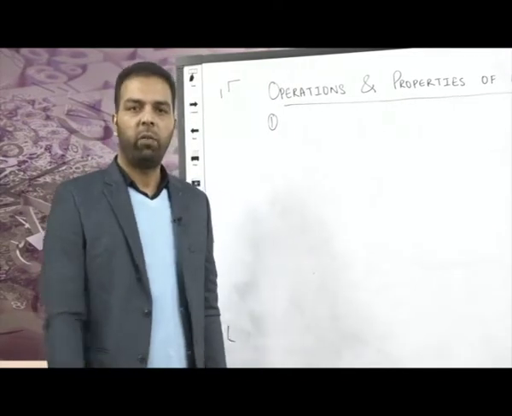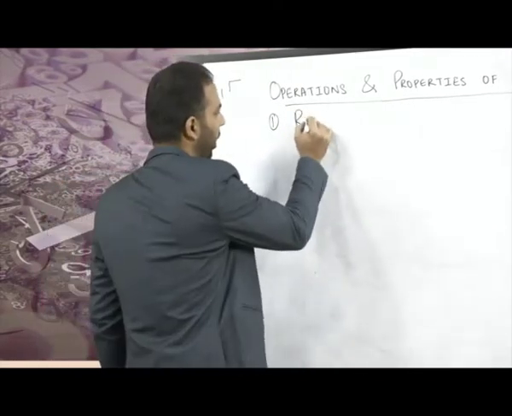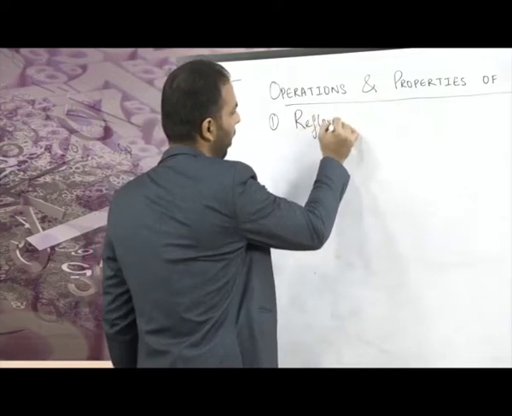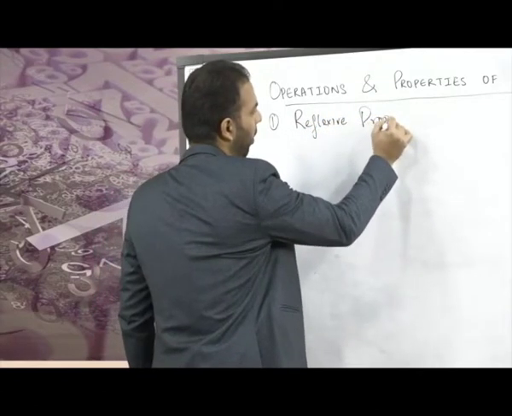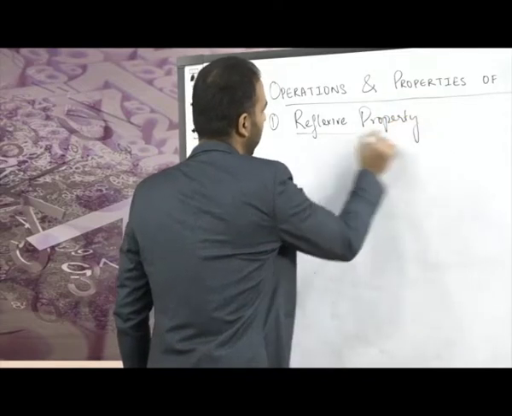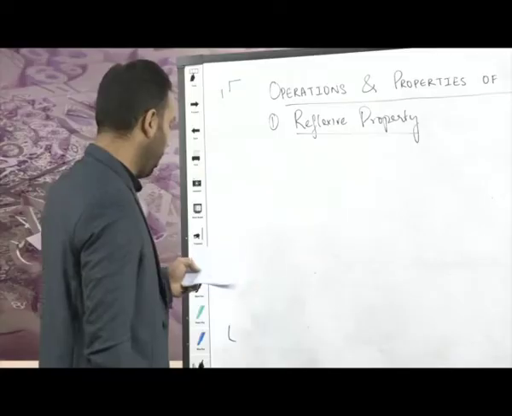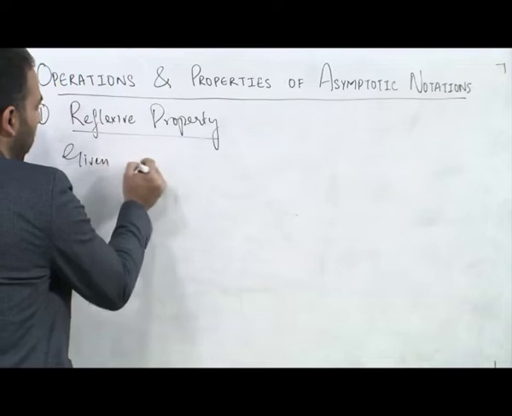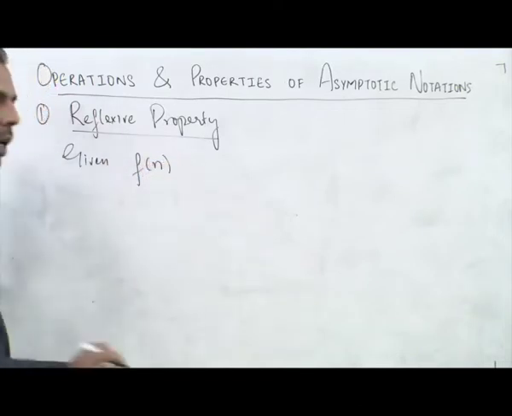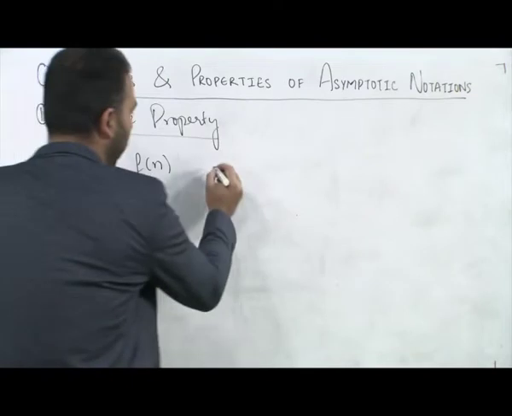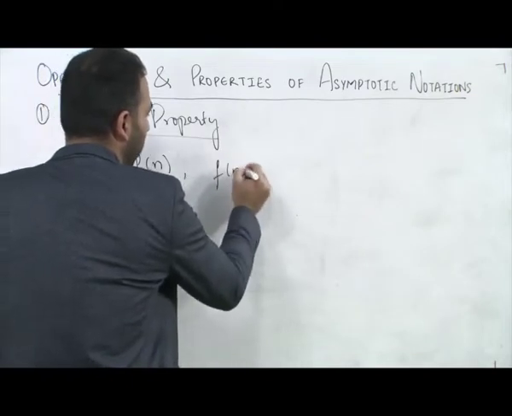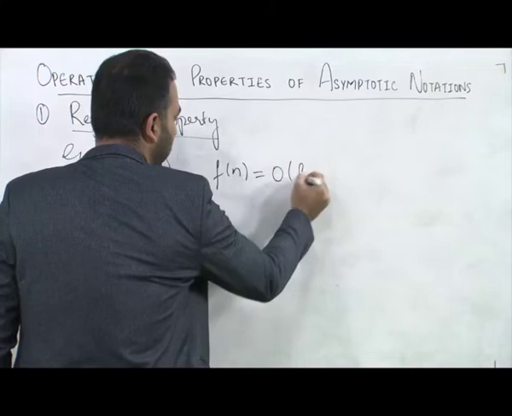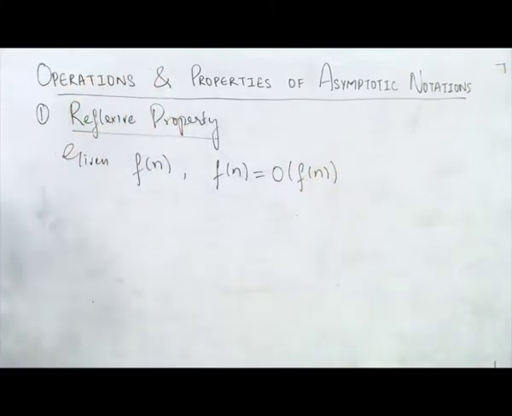So the next property that we are going to see is the reflexive property. If we are given f of n, f of n will always be of the order f of n. So we will see it with the help of an example.